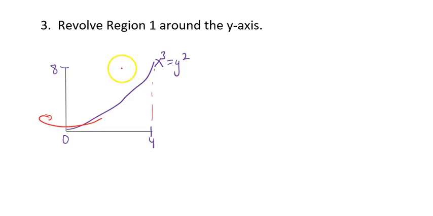Now we have to draw our typical rectangle, and you have to remember to draw perpendicular to what you're going around. Since the y-axis is this way, I'm going to draw my rectangle horizontal. So here's my typical rectangle. It's kind of in the middle of that region, be fine. Now your height arrows come from the axis you're going around.